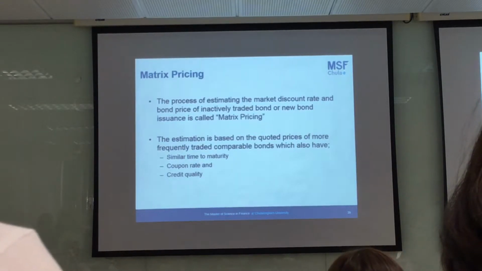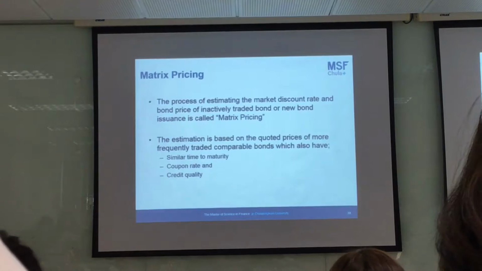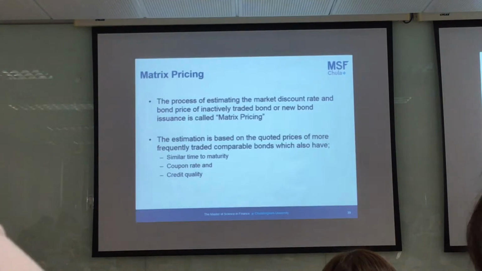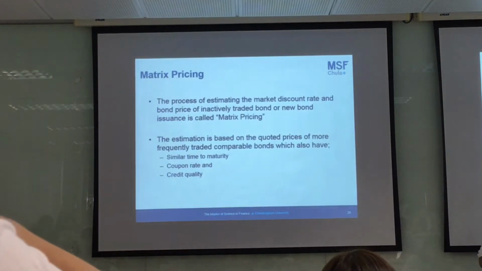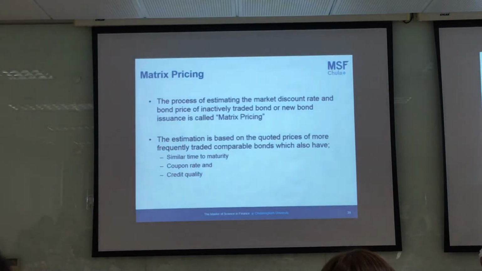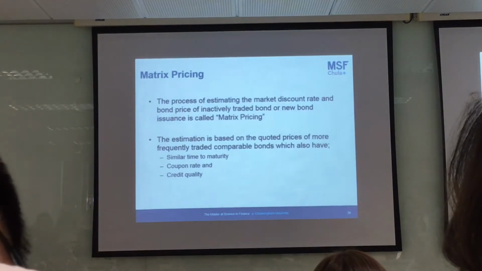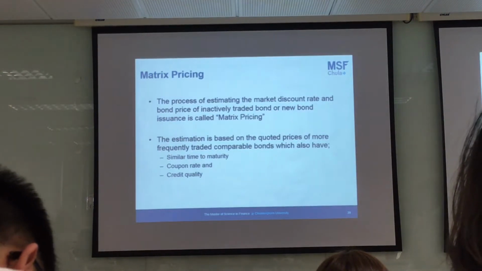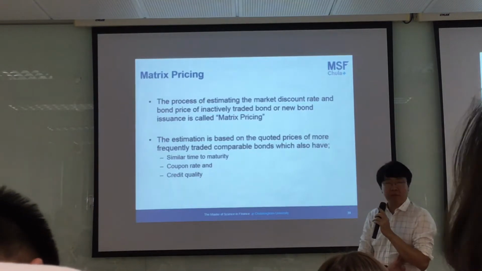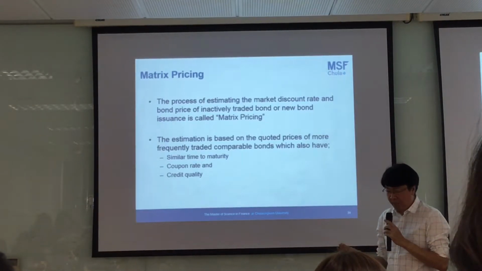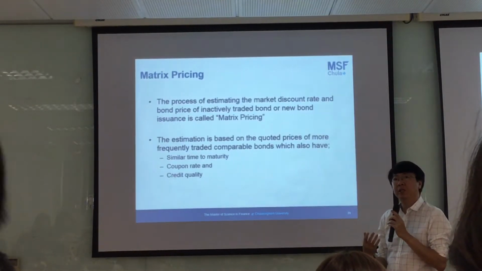In some cases, when you obtain the bond price data from Bloomberg or Reuters, you must be aware that the bond price you obtain may not be the actual bond price. Sometimes the bond price that you obtain is called a matrix price. What is the matrix bond price? These bond prices are actually estimated from other bond prices, because some bonds may not trade frequently.